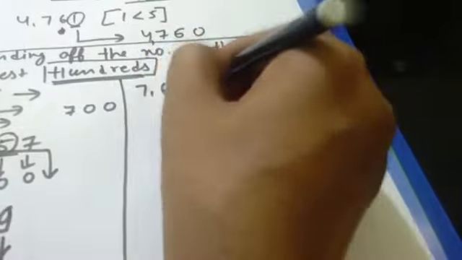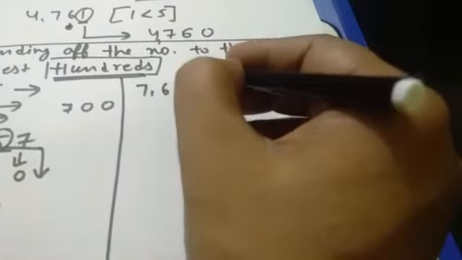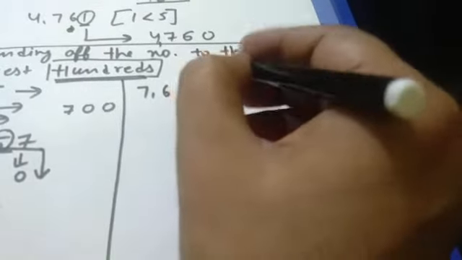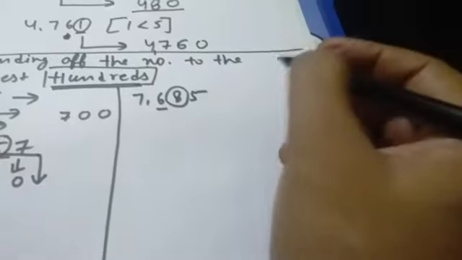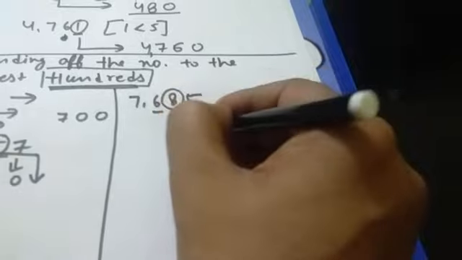Now I will take some more examples. I will take some bigger numbers and the rules will be the same. We have to round the given number to the nearest 100. So ones, tens, hundreds, and the observing digit is 8. 5 will be replaced by 0, 8 also will be replaced by 0.